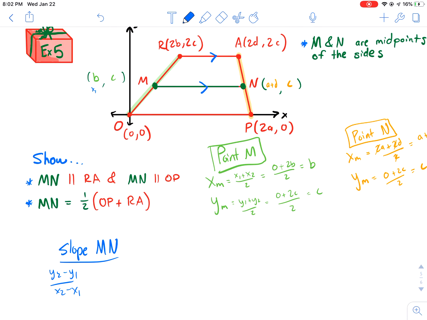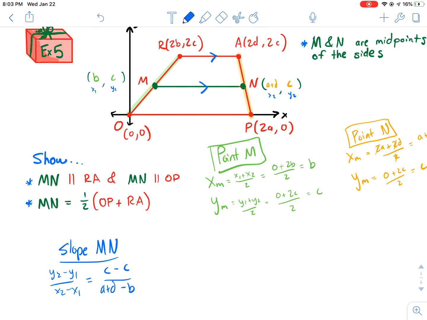So this is my new X1, Y1 and X2, Y2. Because I'm finding the slope of MN, I need to use the coordinates of M and N. So Y2 is C, Y1 is C, divided by A plus D minus B.